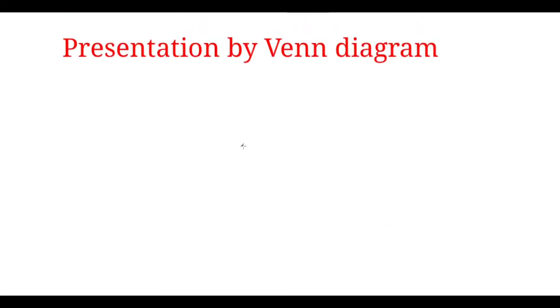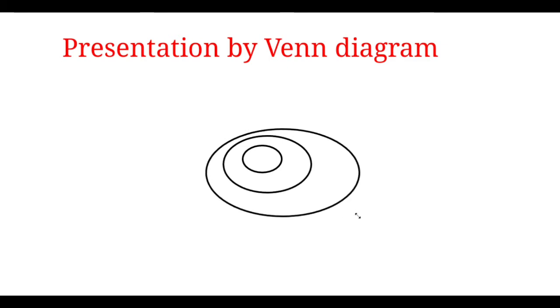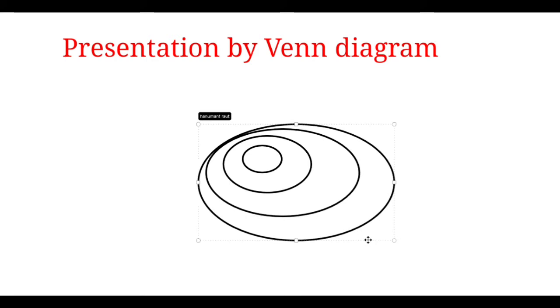Now we are going to present it by Venn diagrams. We know what a Venn diagram means: any closed shape figure for each number system.